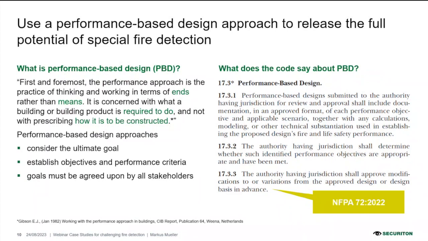Three paragraphs that state what is required to document the proposed solution, allowing the authority having jurisdiction to determine that the design we make meets the performance objectives we defined, and finally, that you can only make changes to the design or the solution after the authority having jurisdiction has approved them.